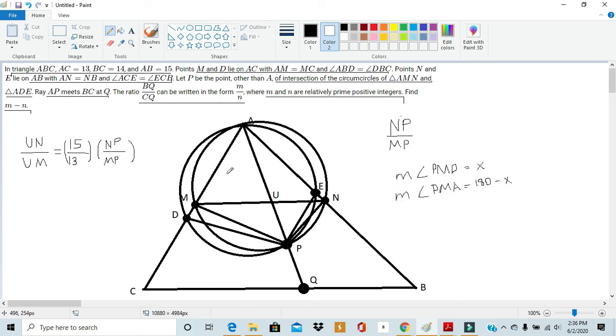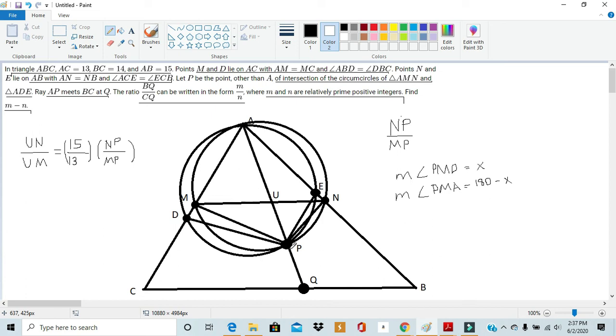Because we see that angles PMA and angles ANP are on the same circle. In fact, these angles are opposite vertices of a quadrilateral inscribed in a larger circle. Angles PMA and angles ANP are opposite angles in a cyclic quadrilateral. Now the deal with cyclic quadrilaterals is that opposite angles have to add up to 180.